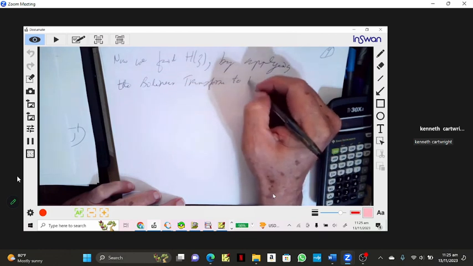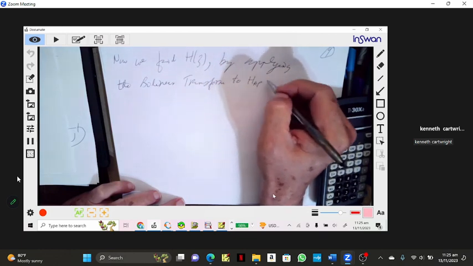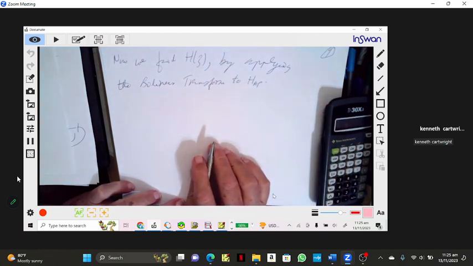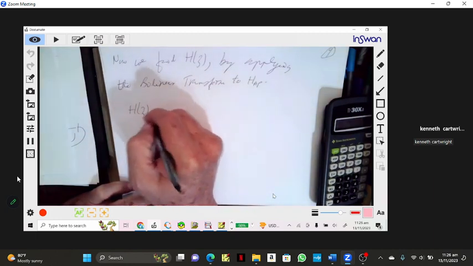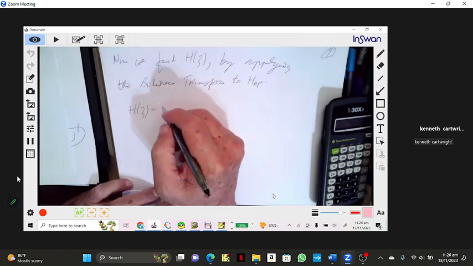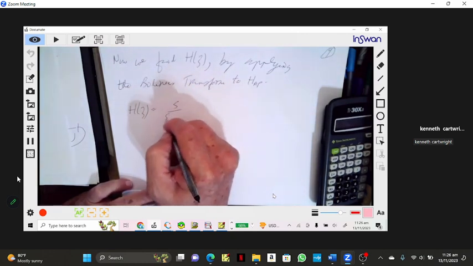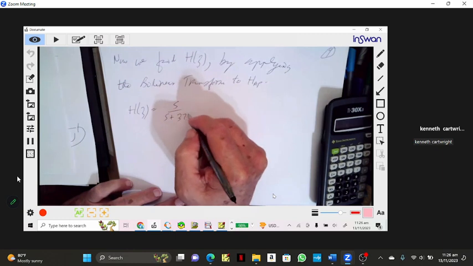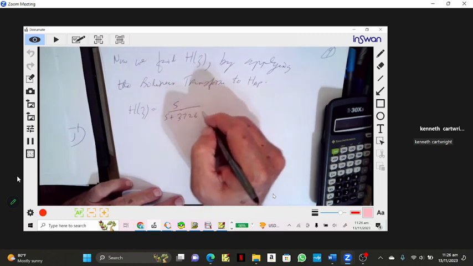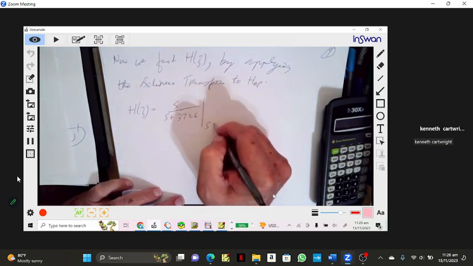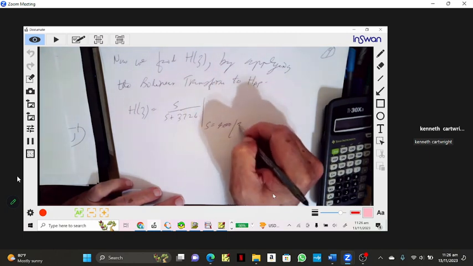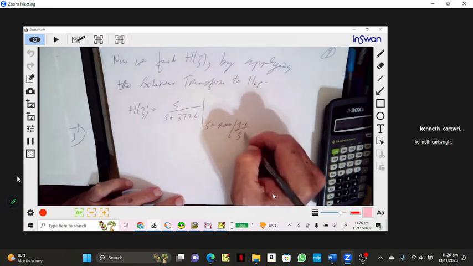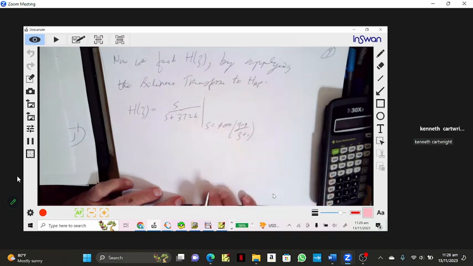to HAP, to the pre-warped analog. So H of Z becomes S over S plus 3726, evaluated at S equals 2FS, 4000, Z minus 1 over Z plus 1.